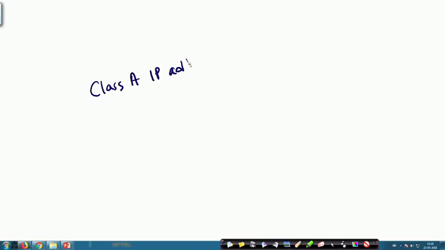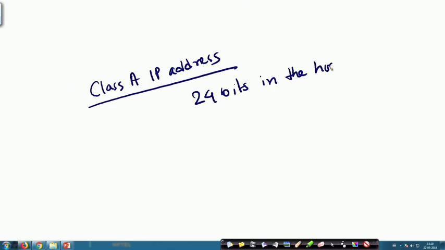If I ask you how many valid hosts there can be in a class A IP address, we can compute it this way. For a class A IP address, I have 24 bits in the host address part. That means the number of valid hosts is 2 to the power 24 minus 2.